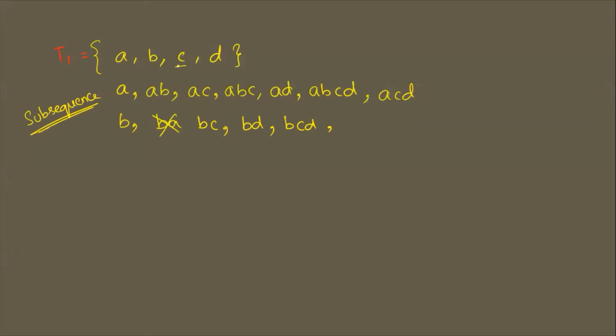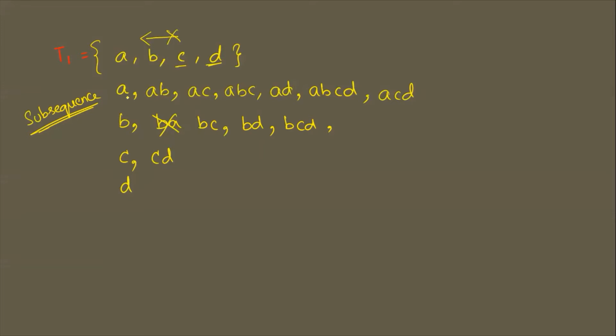Coming to the character C, I can make C, and then CD only. None of the other combinations, like CBA, can be made; in this reverse order, I cannot make it. Next, for the character D, only D can be made.